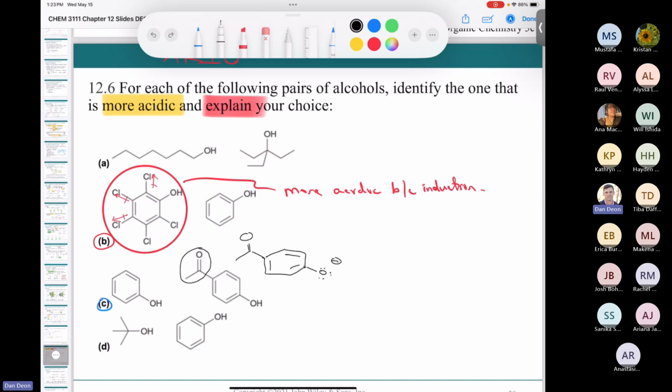And what happens is if you draw all the resonance forms, and I'm going to draw a few curved arrows here. So I'm going to put this pair of electrons over here, this pair over here, this pair here. And I'm going to show you that the negative charge can be delocalized up onto that second oxygen. So let me just draw it for you here. So we end up with something that looks like this.